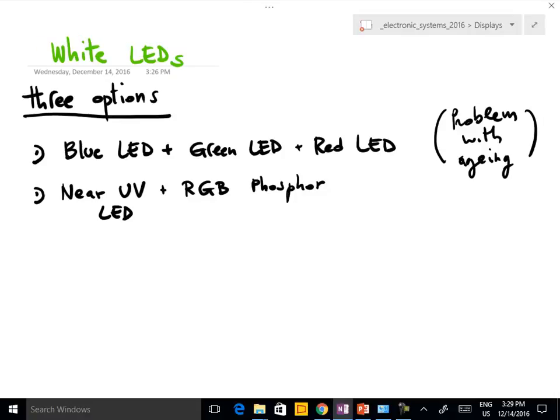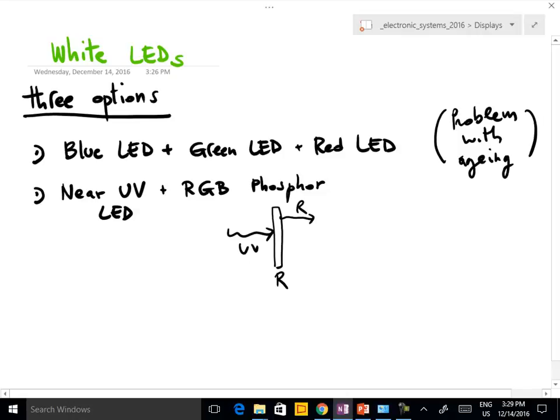So you have something like UV here, then you have a red phosphor that emits light in the red, a blue phosphor that emits light in the blue, and a green phosphor that emits light in the green. Okay, let me also write this word: fluorescent material.